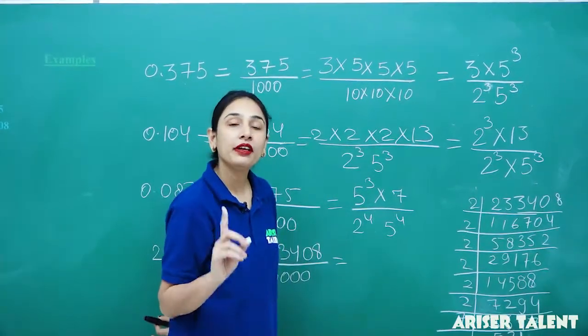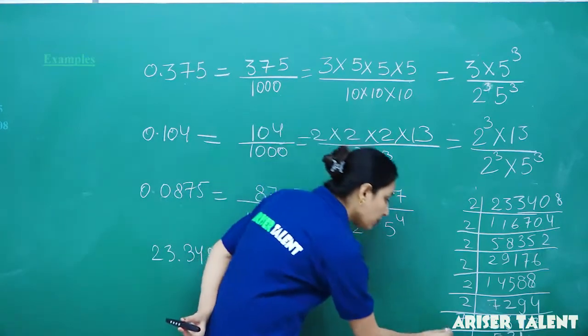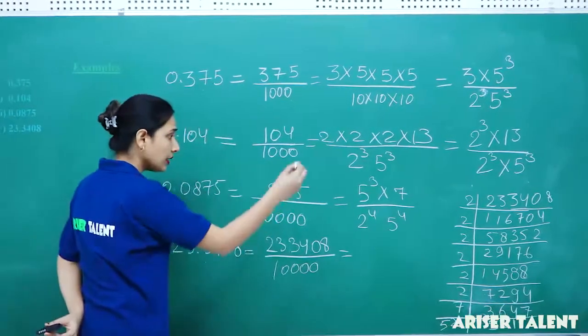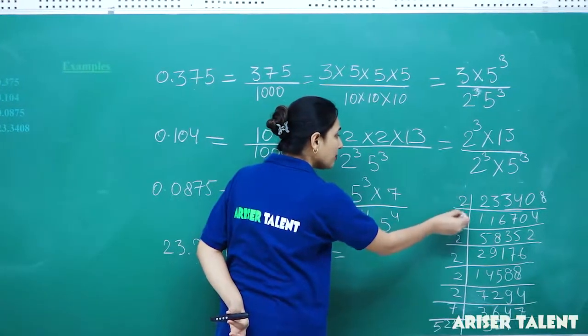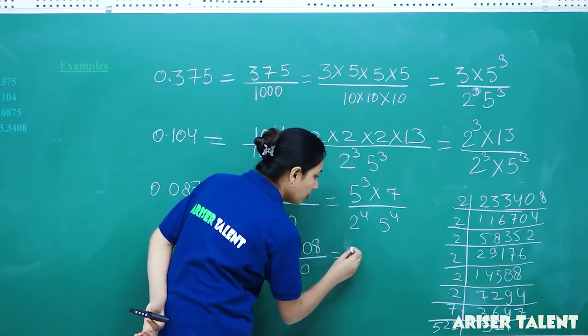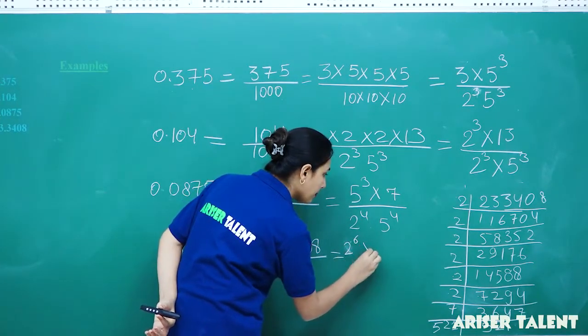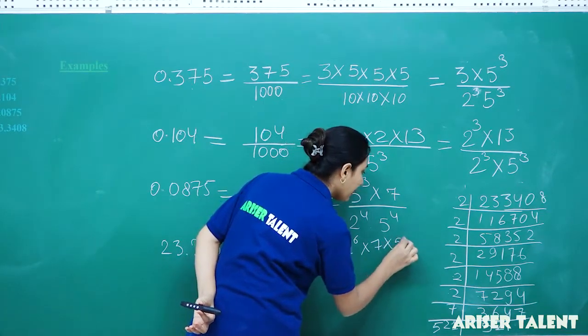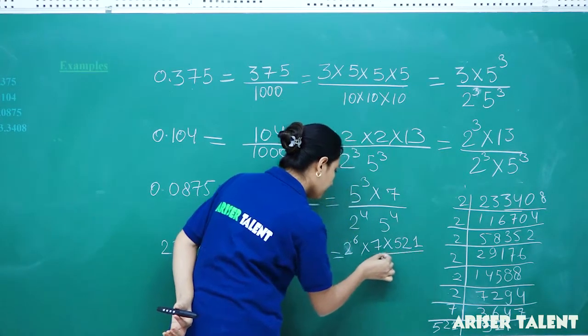Now, 521 is a prime number. So, we'll write 2, how many times? 1, 2, 3, 4, 5, 6. So, 2 raised to power 6 multiplied by 7 multiplied by 521.